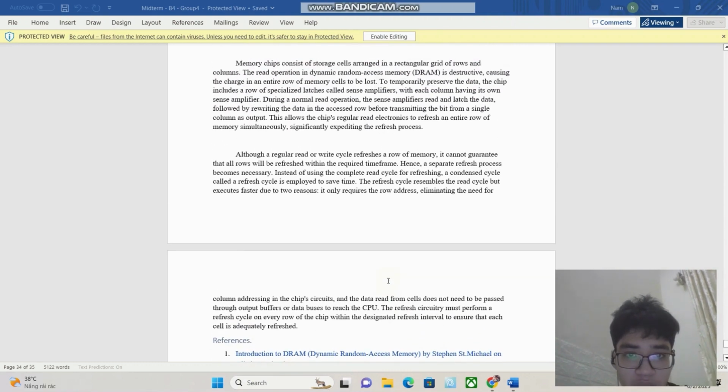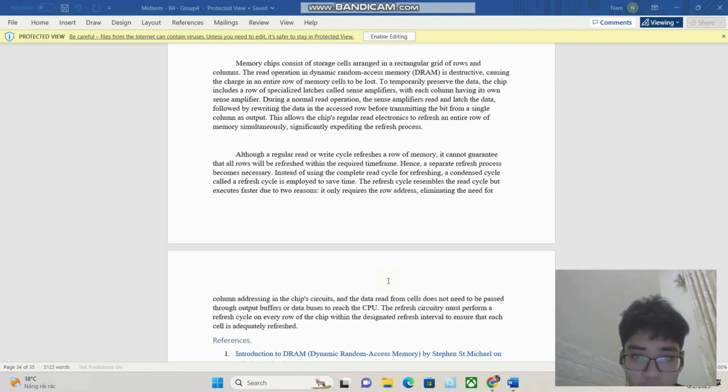A memory chip consists of storage cells arranged in rectangular grids of rows and columns. The read operation in DRAM is destructive, causing the charge in the entire row of memory cells to be lost. The sense amplifiers temporarily preserve the data. The chip includes a row of specialized columns called the sense amplifiers, with each column having its own sense amplifier.